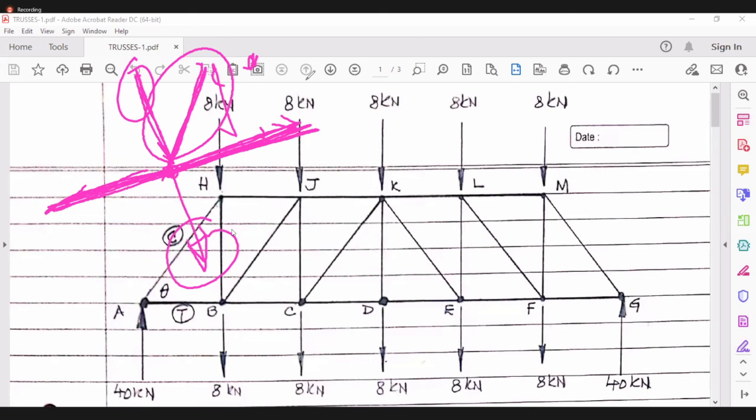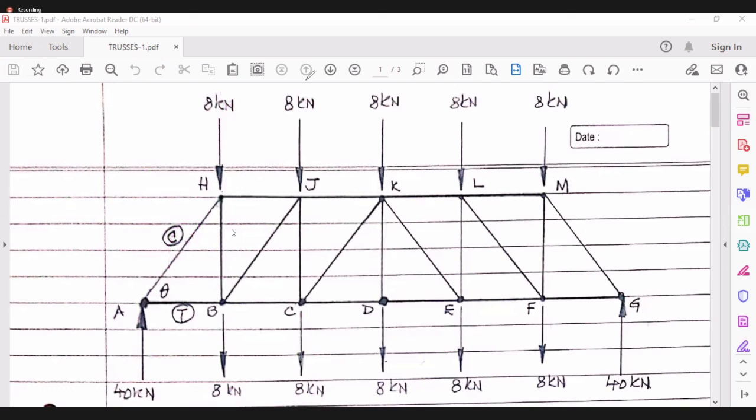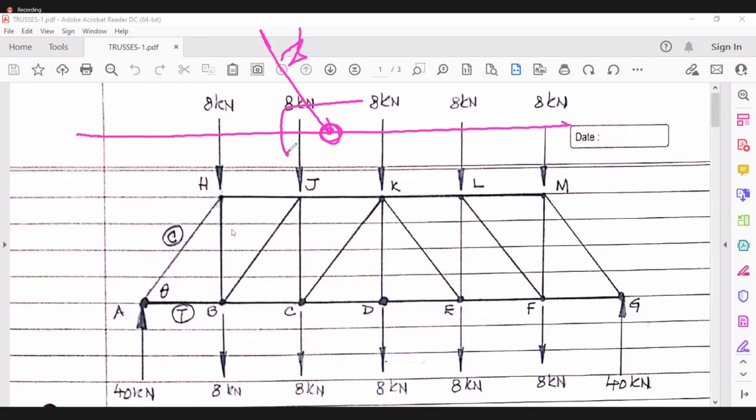Okay, so that is another story. When 3 members meet and 2 are in a straight line, then the third member will be a zero force member, provided there is no other force acting over here and there are 3 members only. Then this is 0.